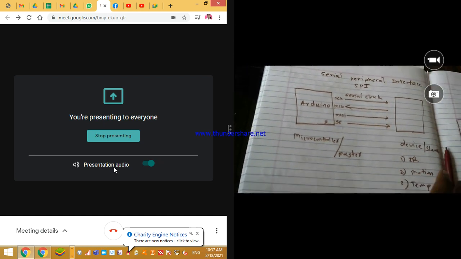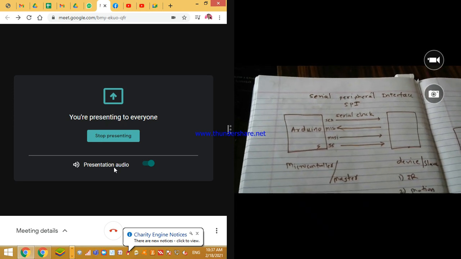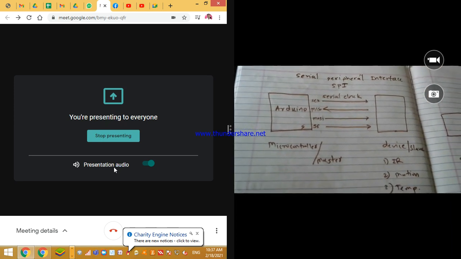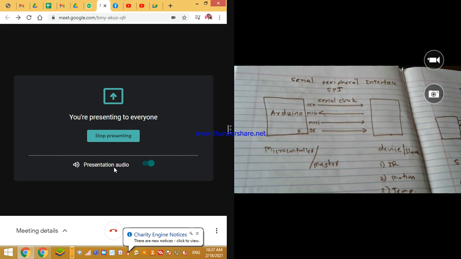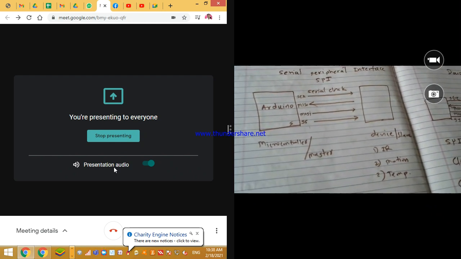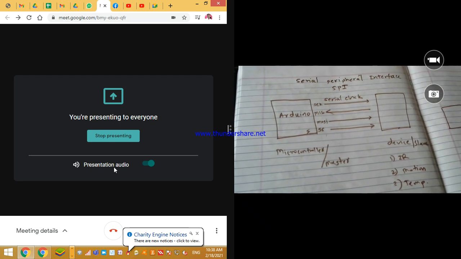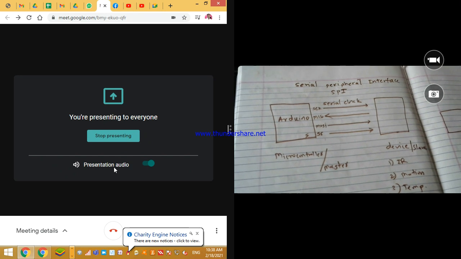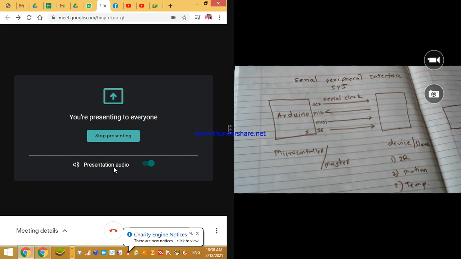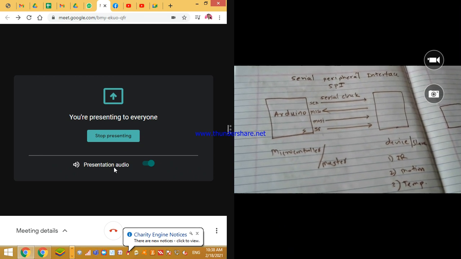Then let's move towards the next fundamental thing. If we have multiple slave devices, then how will we connect them? Let's see the diagrams through which you can understand.